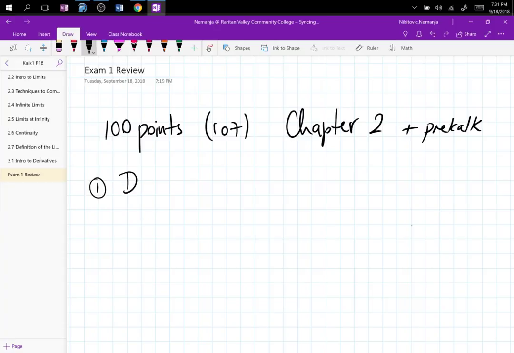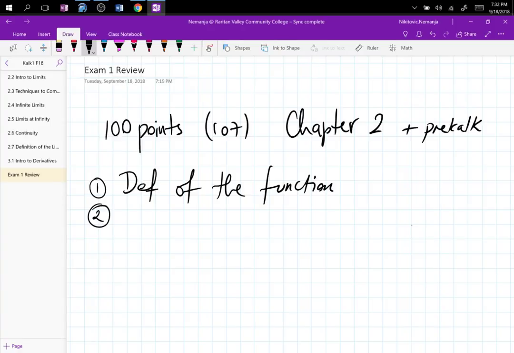Number 1, definition of the function. I told you that this question is definitely on the test. You either state it exactly as it is or you don't, right? So definition of a function, and you have it somewhere in the first day. I wrote it somewhere. If you don't have it, I can write it later again.